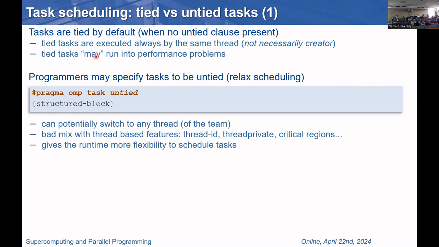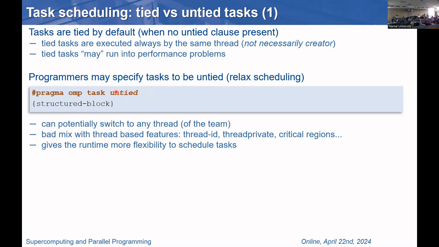But tied tasks may run into performance problems because they are tied. So if that thread is executing something else, this task will not be resumed, and this may delay other portions of the application. So programmers may specify tasks to be untied and relax the scheduling this way, using the task untied clause, along with any other clauses.